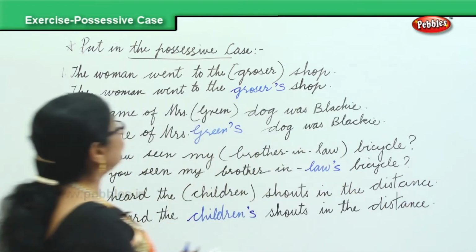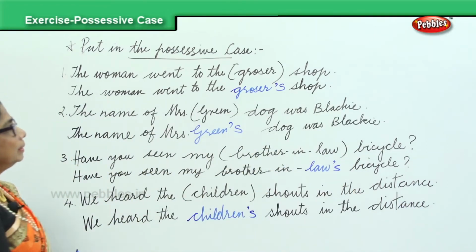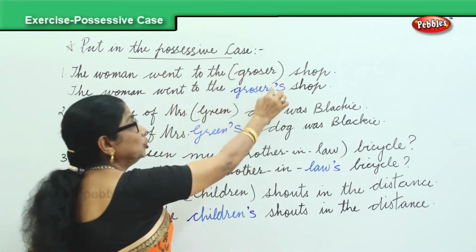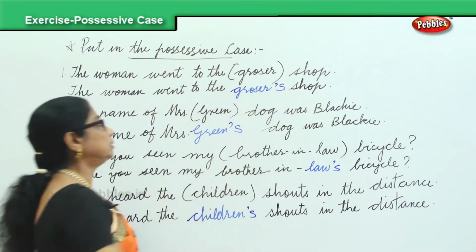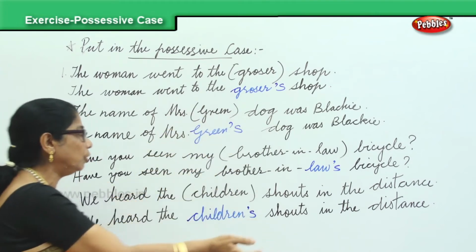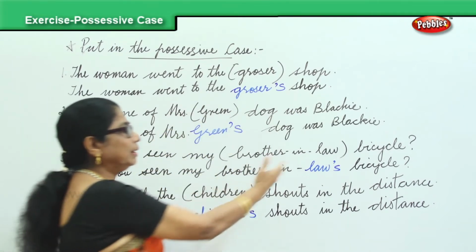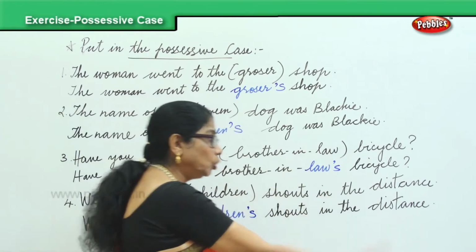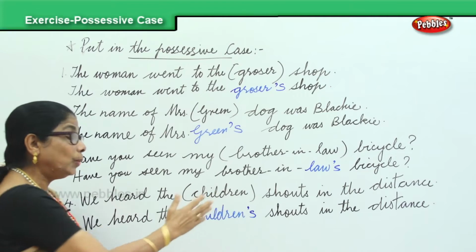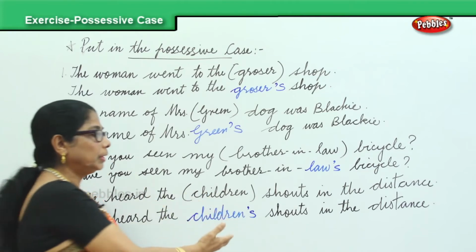Now let's look at the 4 sentences. Grocer, so you say grocer's. Mrs. Green, Mrs. Green's dog. Brother-in-law, brother-in-law's bicycle. We heard the children's shouts.